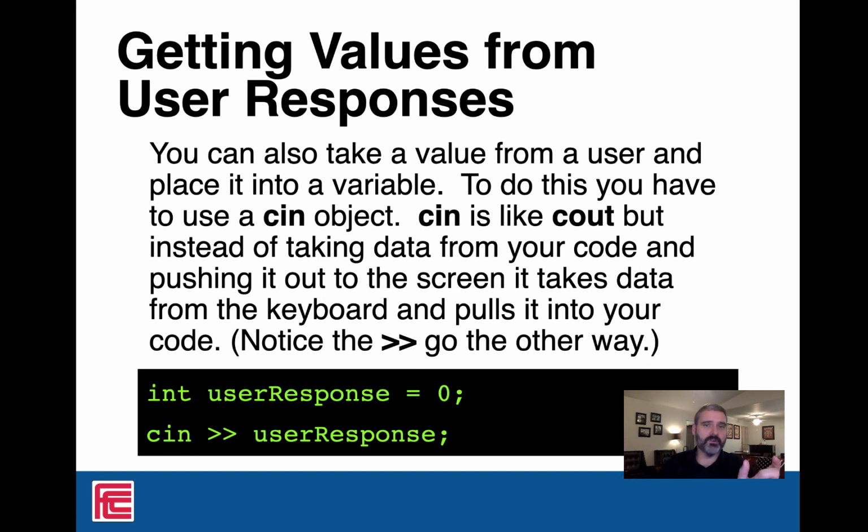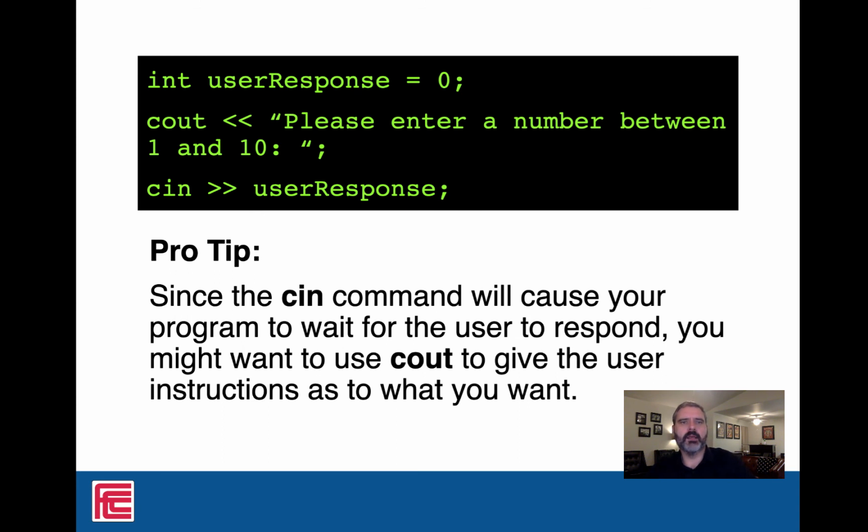And then it'll grab the first thing they typed in, put it into the first variable, take the second thing they typed in and put it into the second variable, because that space in the middle will separate the two. But for right now, one thing at a time will be enough.